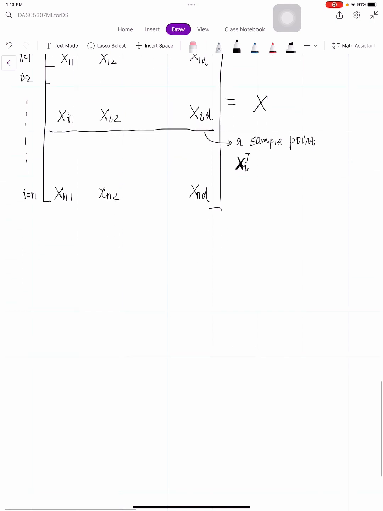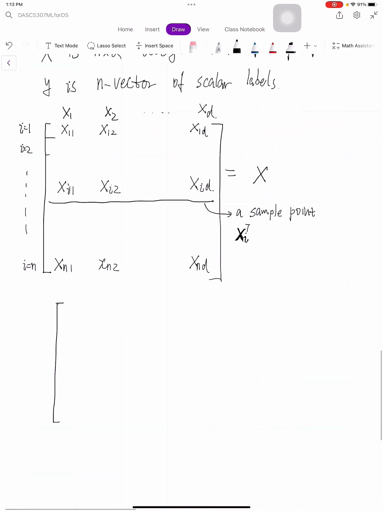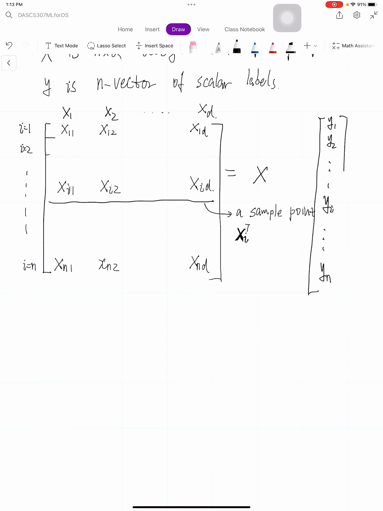Also for y, for each observation, let me write it in the same row. For each observation we also have the labels y1, y2, yi, yn. So this is our response variable vector.